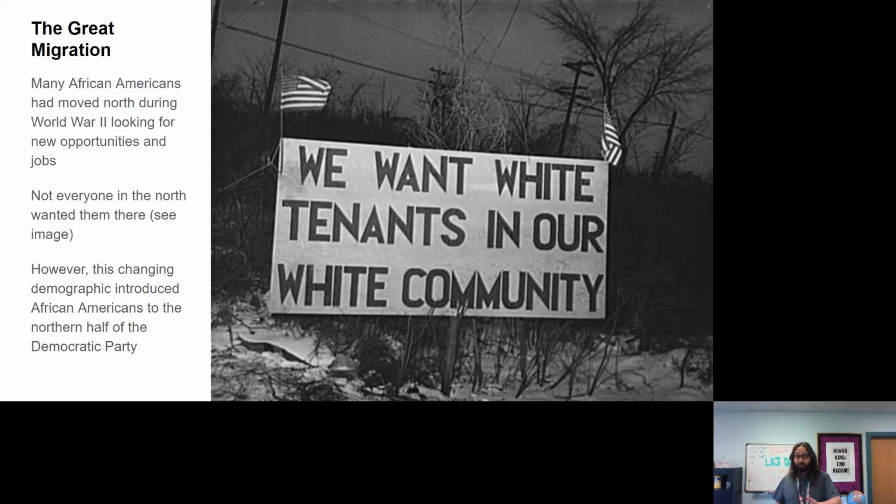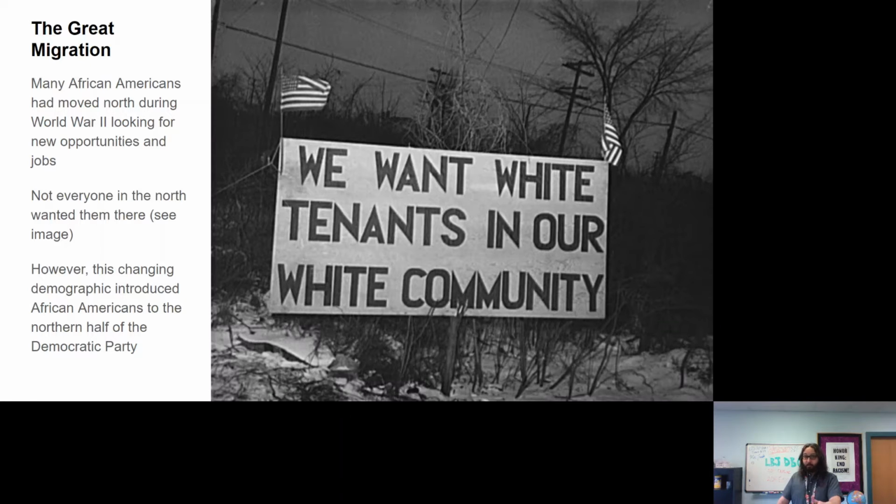A lot of these big cities get Milwaukee. A lot of these big cities get much bigger minority populations during this time period, and this introduces African Americans into a lot of these areas, but specifically into the northern half of the Democratic Party.